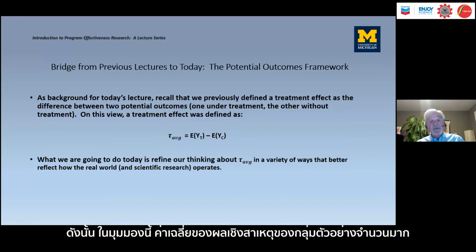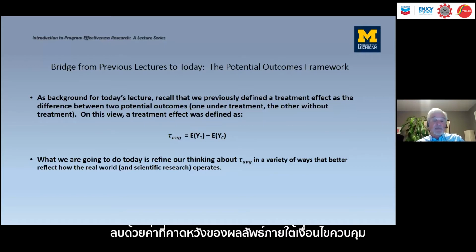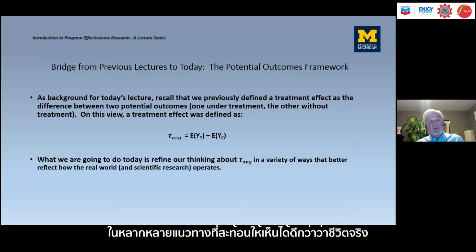And so on this view, the average causal effect over a number of subjects would be the expected value of the outcome under treatment minus the expected value of the outcome under control conditions. And what we're going to do today is refine our thinking about that tau average in a variety of ways that better reflect how the real world and scientific research operates.